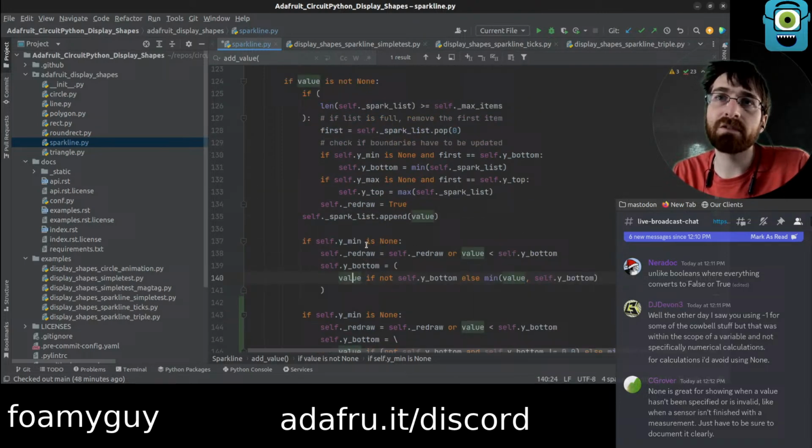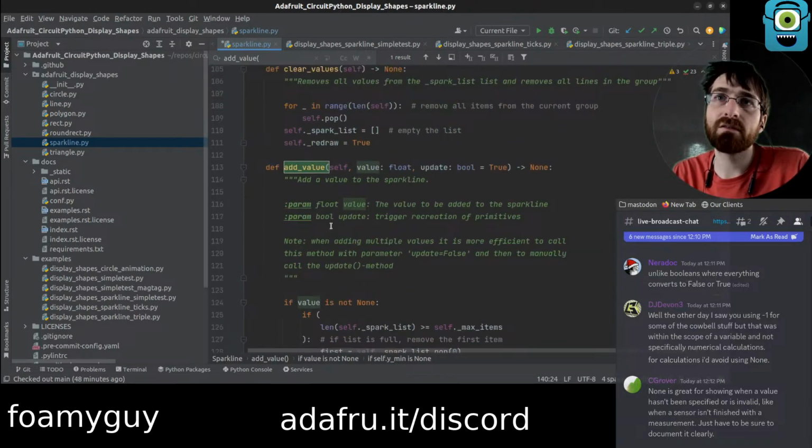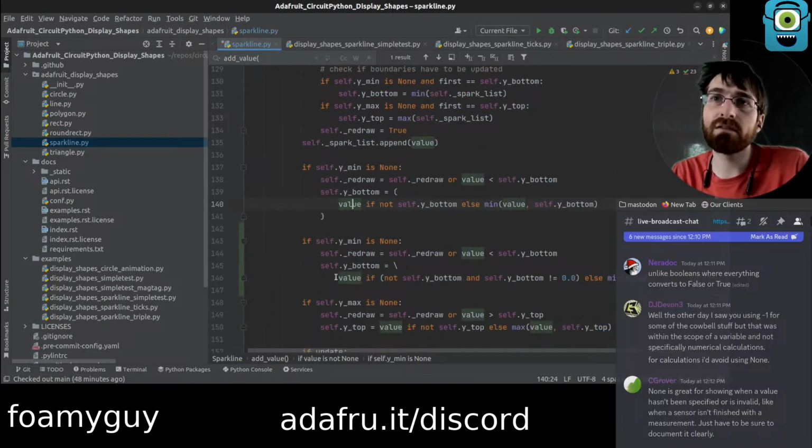Value is the value that was added. Value if not self.ybottom. If self.ybottom evaluates to false as falsy, then we use value, else take the minimum of value and ybottom.